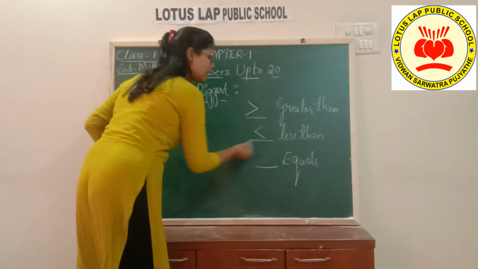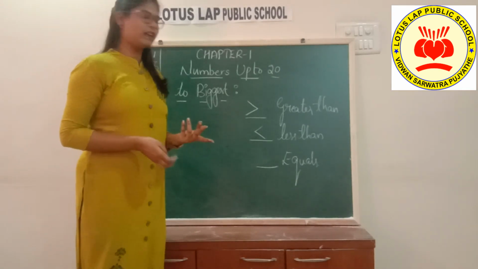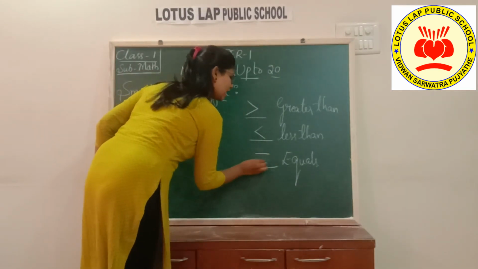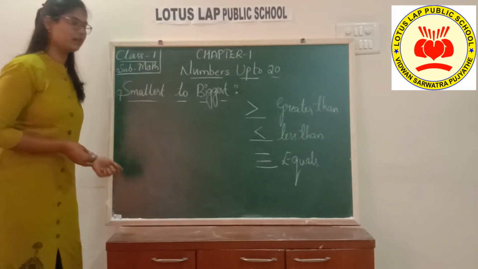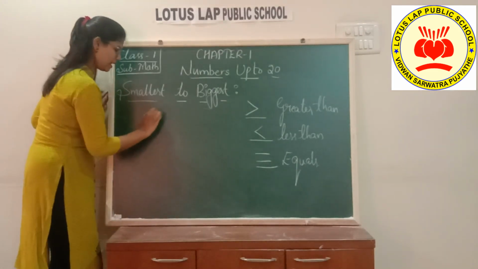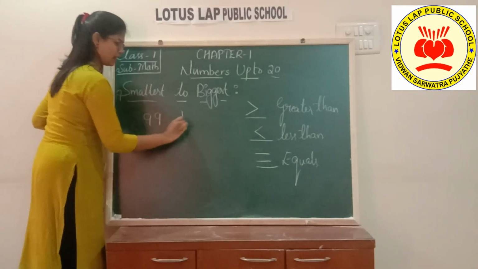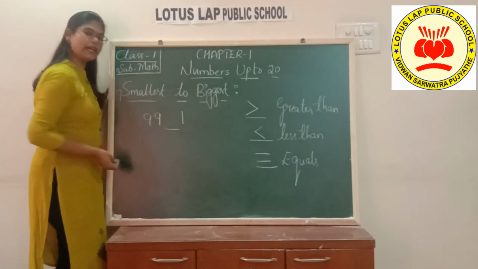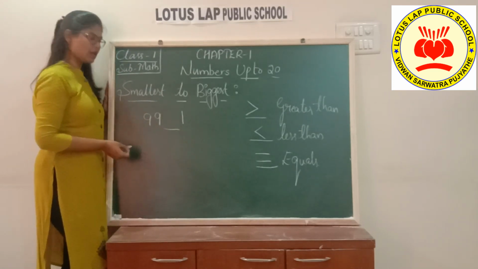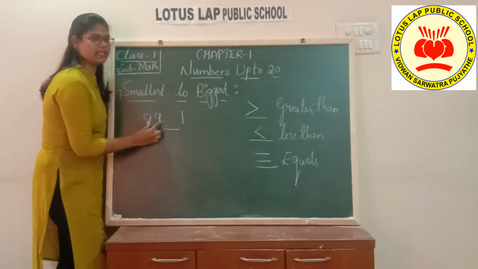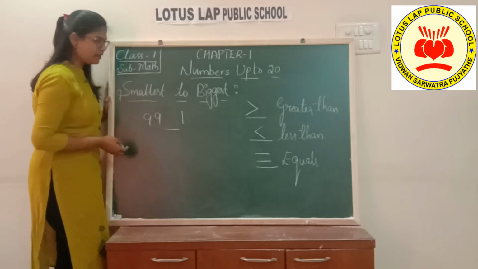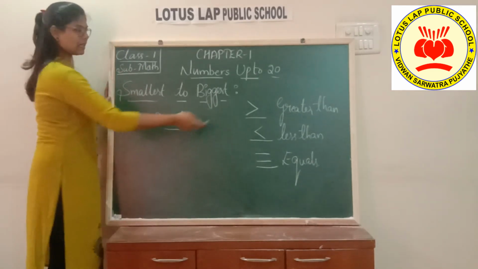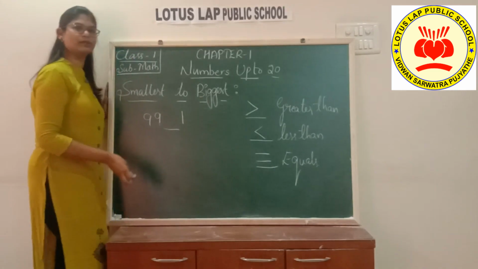Now what is equal to? You all know equal to symbol. This is equals to. Okay. Now here 99, 1. Which is the greatest one? Obviously 2 digit is the greatest one. Now which one we have to take? Greater than symbol, less than symbol or equal to?